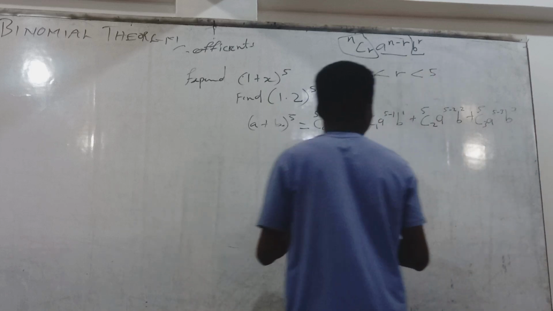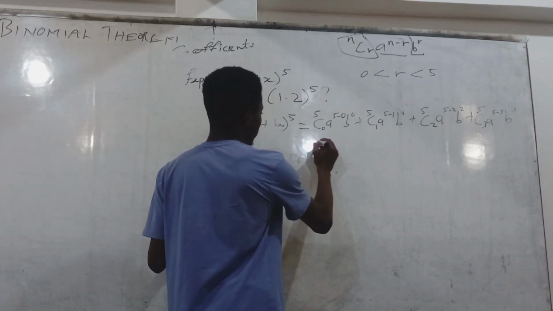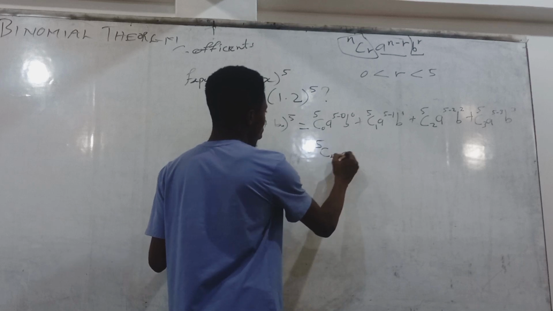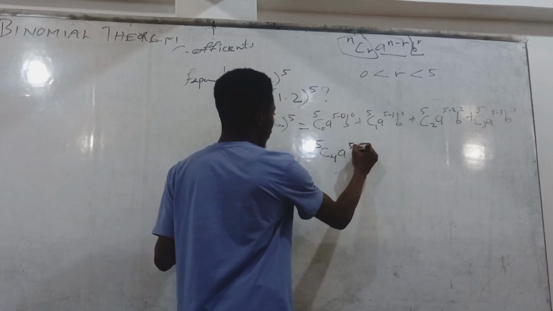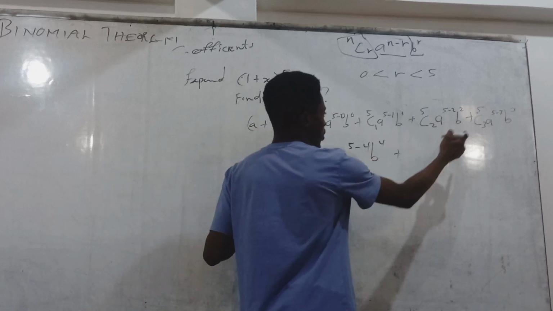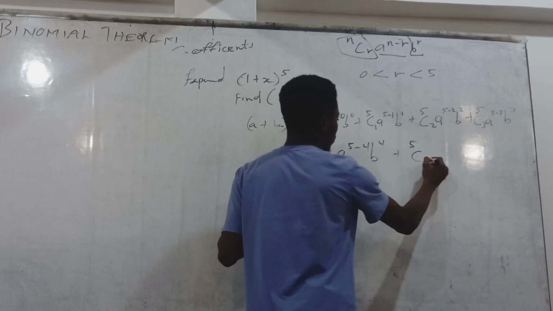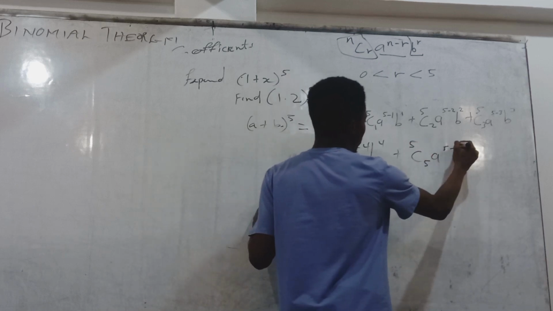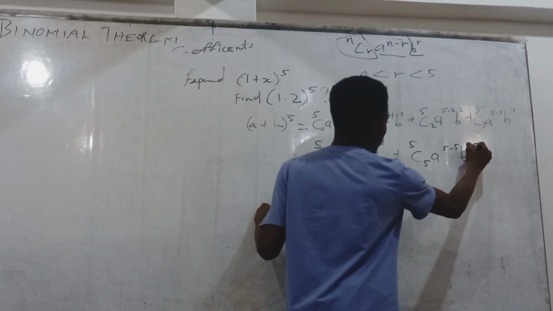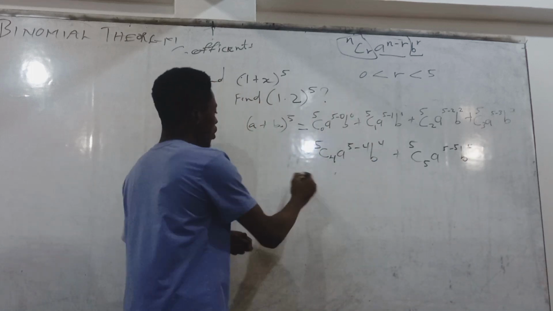Then you do the same for the 5th and 6th terms: 5 combination 4, a to the power 5 minus 4, b to the power 4. The 6th term becomes 5 combination 5, a to the power 5 minus 5, b to the power 5. Do you understand?